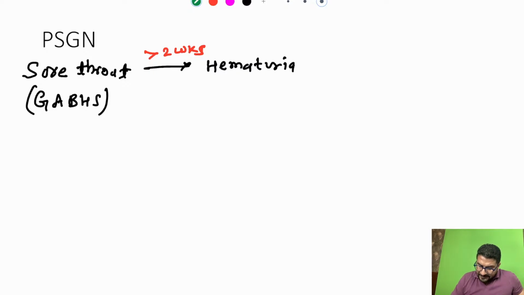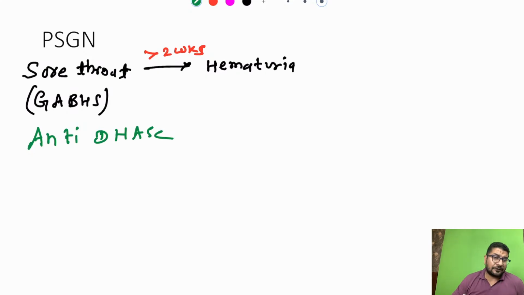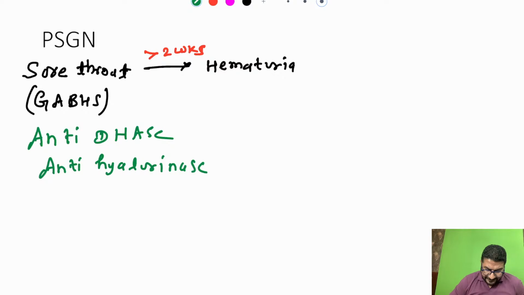Now try to understand. We will have antibodies. What antibodies will you find here? You will find anti-DNase. Most patients will have anti-DNase. Sometimes you can see anti-hyaluronidase and ASO antibody. Mostly you will find anti-DNase. Then remember, they ask you question in biopsy.